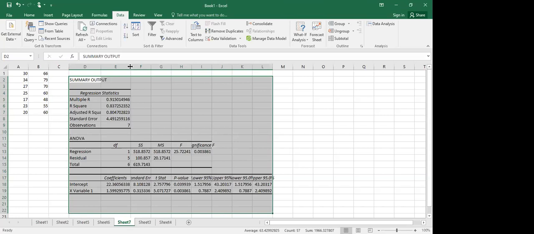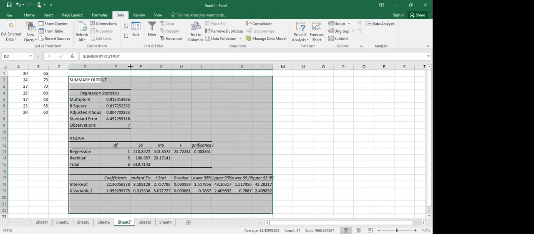So what is the value? 0.915. That is the correlation coefficient. Now, what is the intercept for the regression line? Is that going to be 22.360? Yes, 22.36.